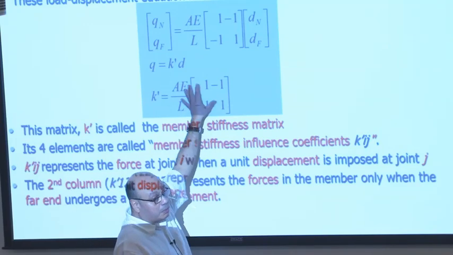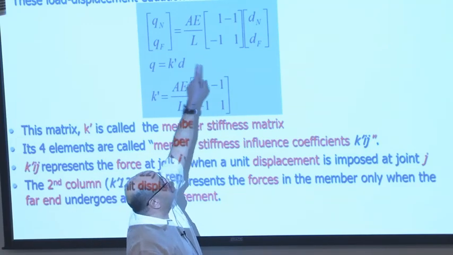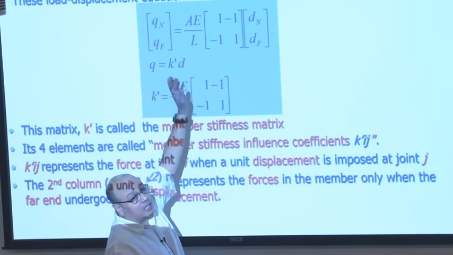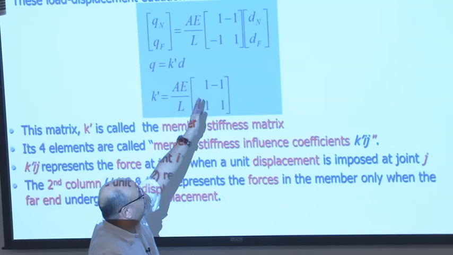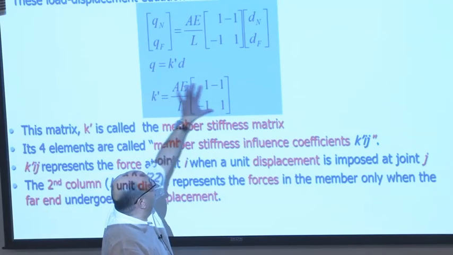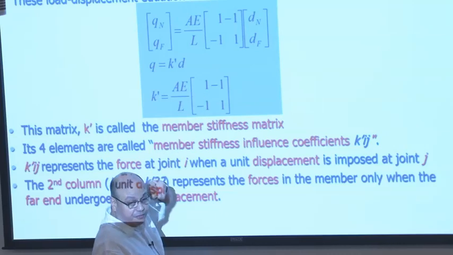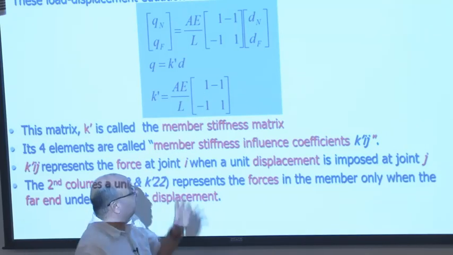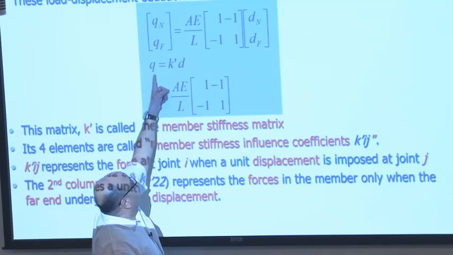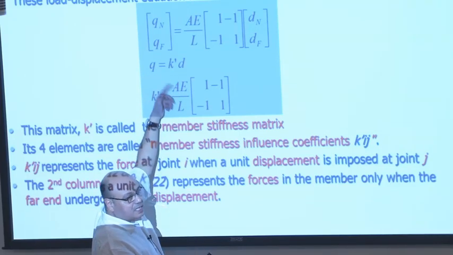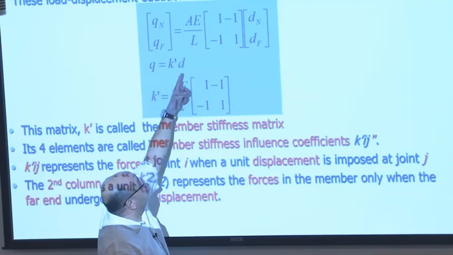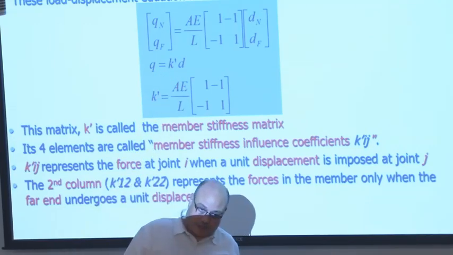The relationship in between is this stiffness matrix as we had before, which is AE over L times 1, negative 1, negative 1, and 1. So that K prime, as you can see here, is the stiffness matrix of the member in the local coordinates. And that abides by the law that we had in physics and in strength of materials, that the force equals stiffness multiplied by the deformation.